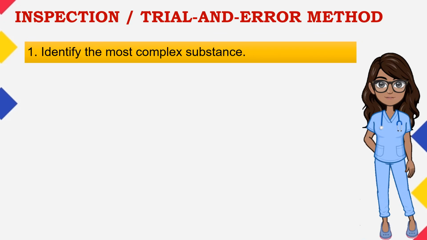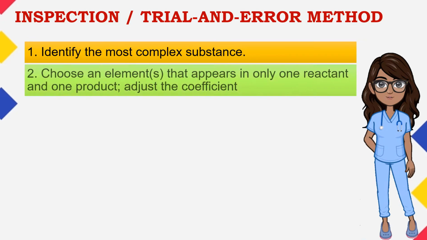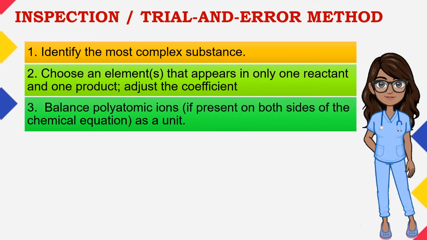Step 1. Identify the most complex substance. Step 2. Beginning with that substance, choose an element or elements that appear in only one reactant and one product. If possible, adjust the coefficients to obtain the same number of atoms of this element on both sides. Step 3.